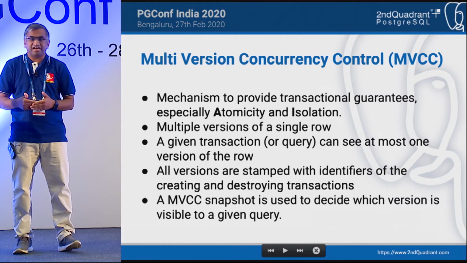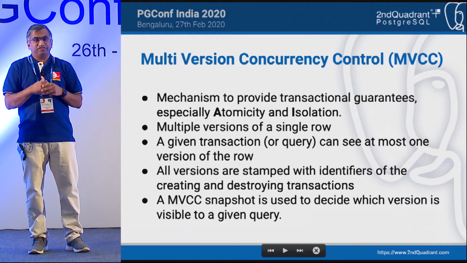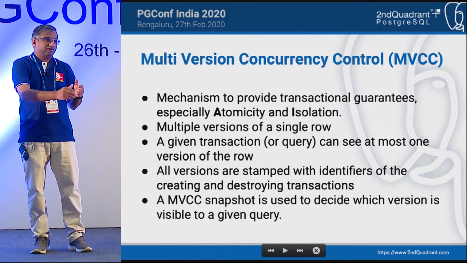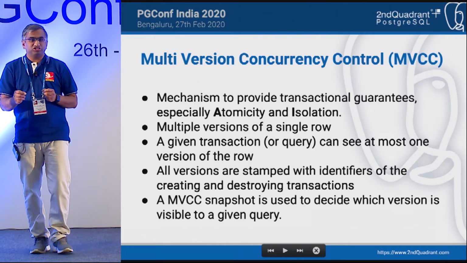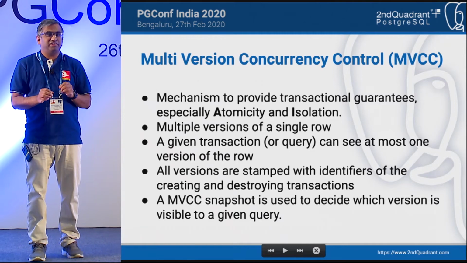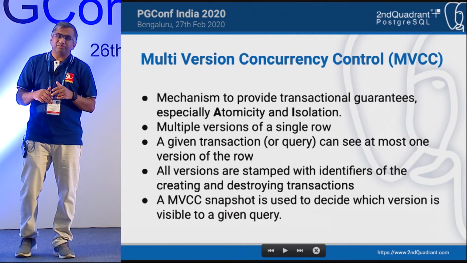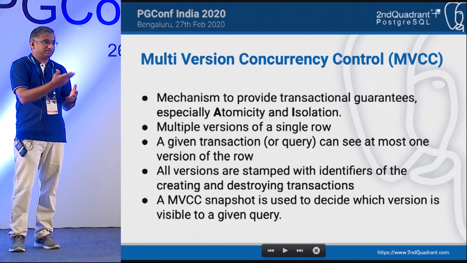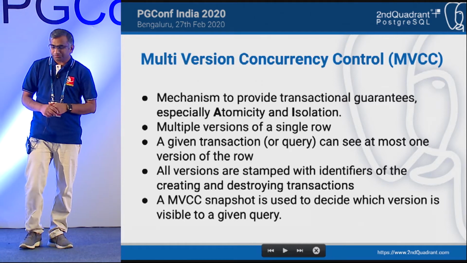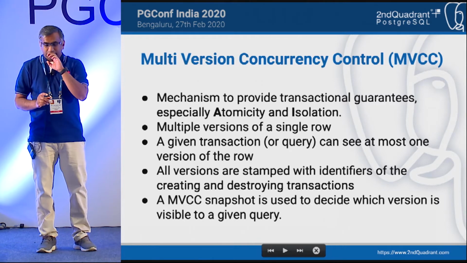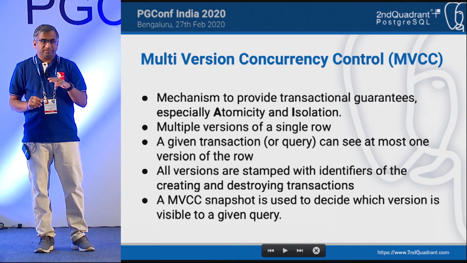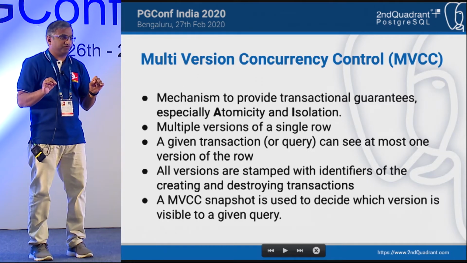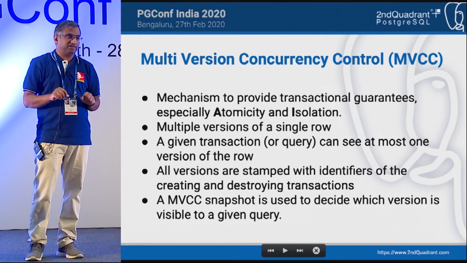So the database has to guarantee that no matter how many versions of the row are there internally, any query at any given point should see at most one version of the row. Obviously, there are situations where you may not even see that version because it's deleted for you. And so in order to achieve that, what we do in Postgres is we stamp each version of a row with 2 transaction identifiers.